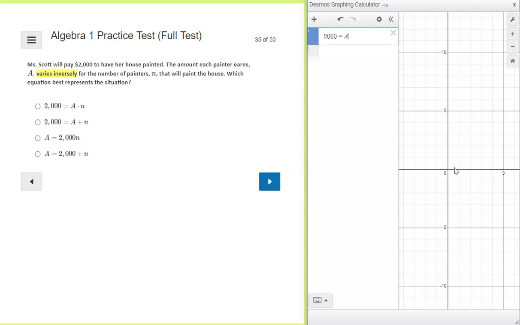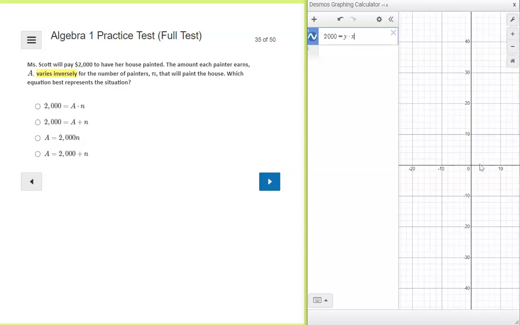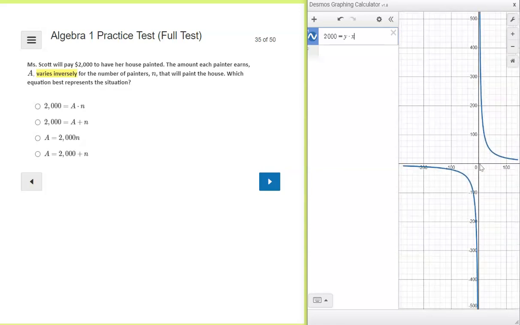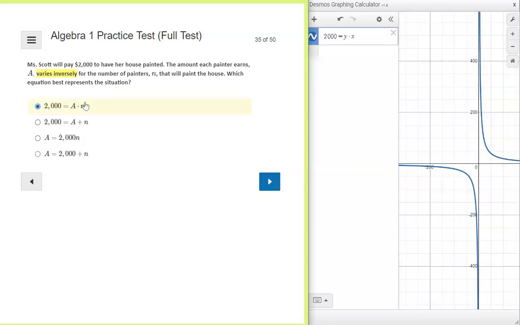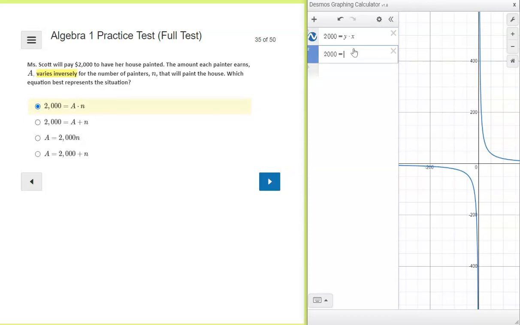So now here, if I put A times N, it's not going to do anything for me. So I'm going to change A to y, lowercase y, times N or x, and see what I get. Well, that's definitely inverse. I would say this one, but I want to check the rest of them. So 2,000 equals y plus x.